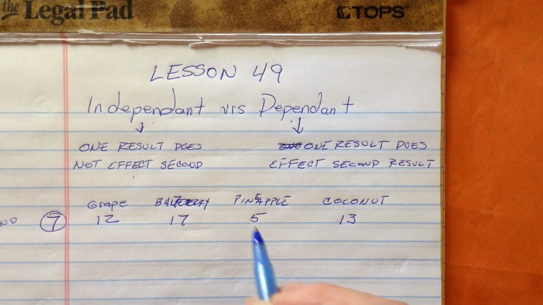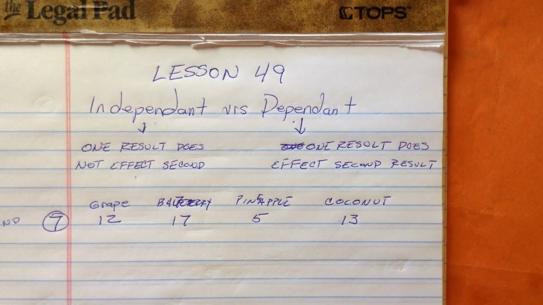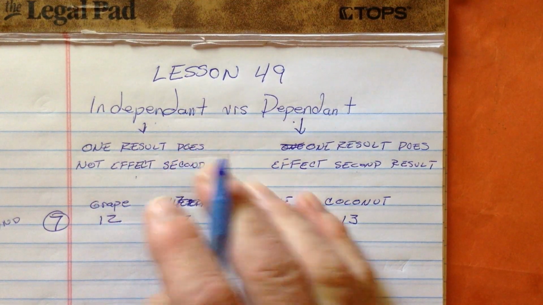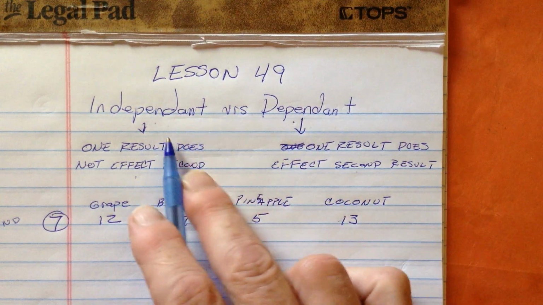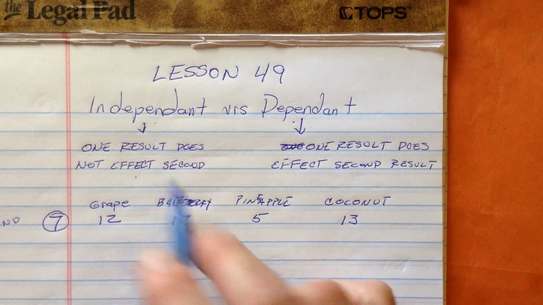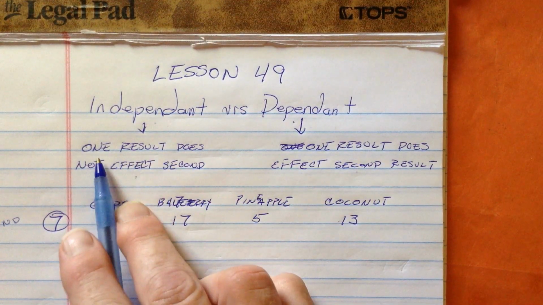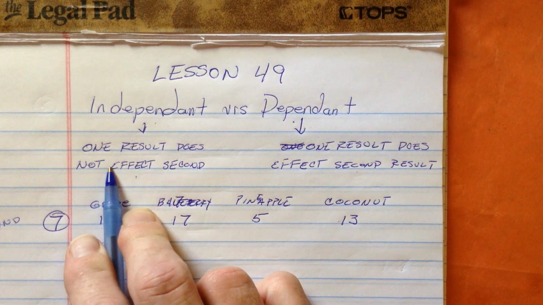Okay, so dependent and independent probabilities, and you'll hear these two words in science classes too, independent variables and dependent variables. But here in math, when they're talking about independent probability, that's where you're drawing two things and one result does not affect the second result.